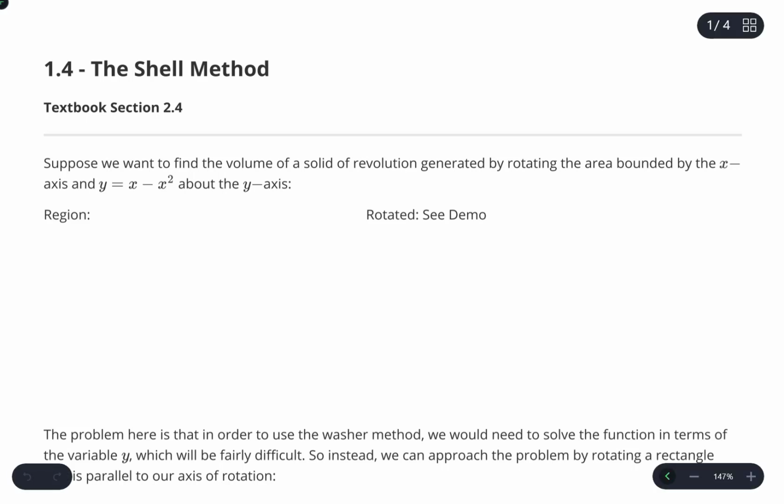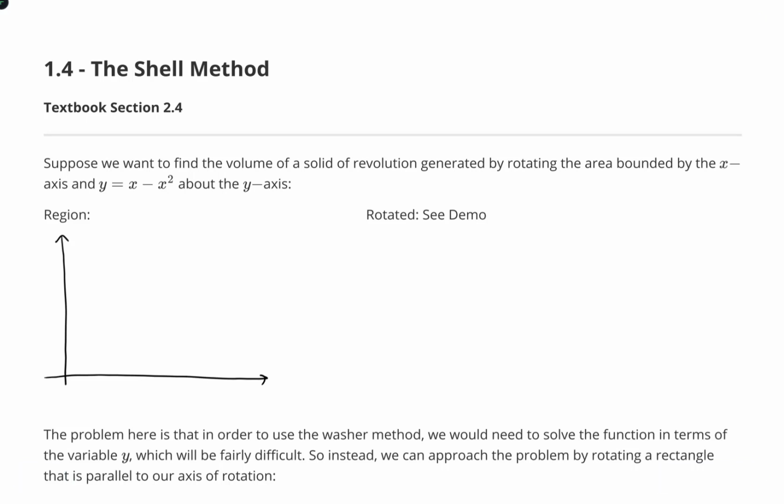So let's take a look at our region. This function y equals x minus x squared is a polynomial that is opening downward. If I factor out an x, it reveals that I have zeros at 0 and 1.